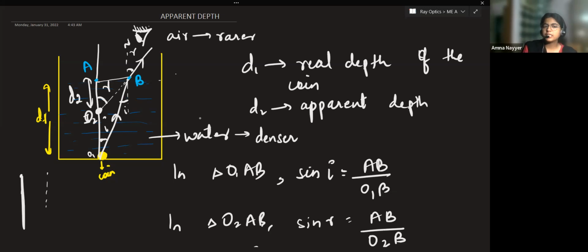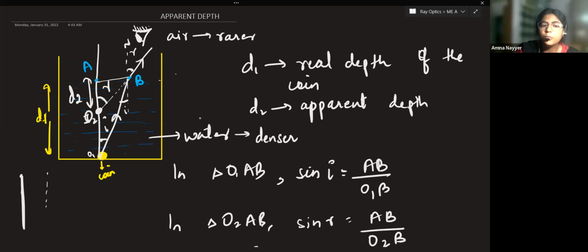So what happens is that points A and B are very close to each other. The angle of incidence is very small, and the angle of refraction is very small here. So instead of writing everything as O1B and O2B, I can replace the point B by A, because I want to write it in terms of the real depth and the apparent depth.